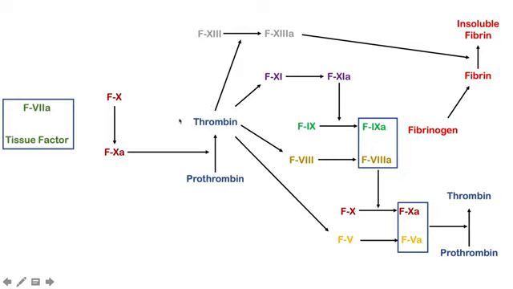Once we have thrombin, thrombin has a wide variety of downstream effects. It will activate factors 13, 11, 8, and 5. So a lot of different downstream effects, and I'm going over them very quickly. So when we have an activated factor 11, it proteolytically cleaves factor IX to activated factor IX.